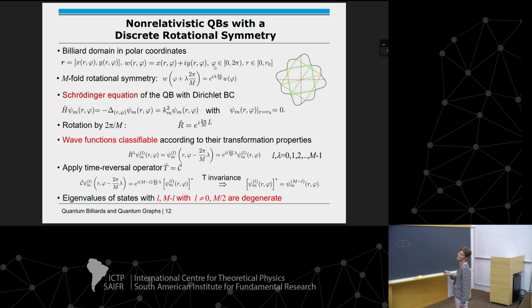So it's equal to the complex conjugate of psi m l multiplied with this phase. And you will have complex eigenfunctions as long as L is not equal to 0. When L is equal to 0, then you have a rotationally invariant system because nothing changes when you rotate by 2 pi over m times lambda.